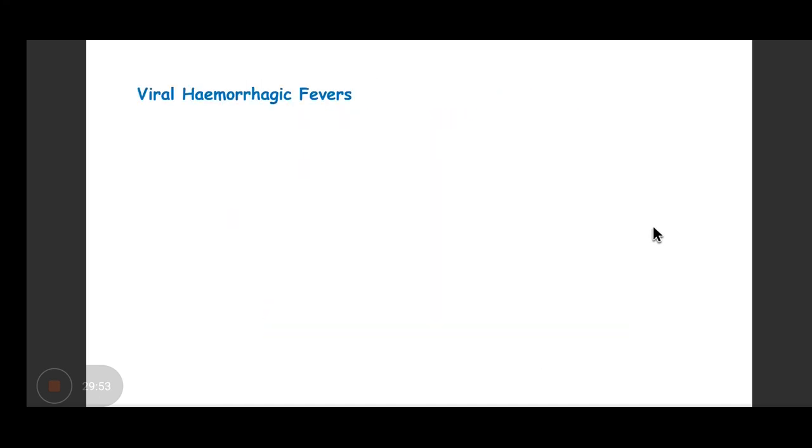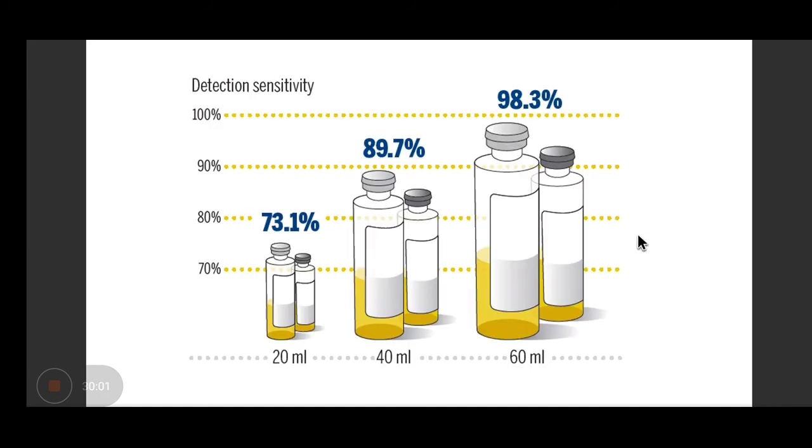You need to send blood culture with all sterile precautions, because if you do not, all the flora of the skin will come into the blood, and it will lead to misdiagnosis, and not only misdiagnosis but also mistreatment, because the antibiotic sensitivity pattern that comes will be of the skin flora and not of the bacteria which is actually causing the disease.